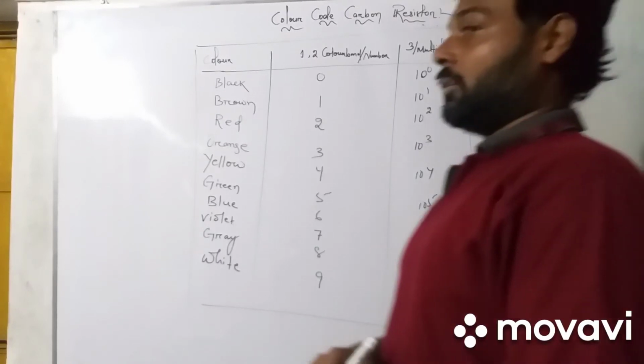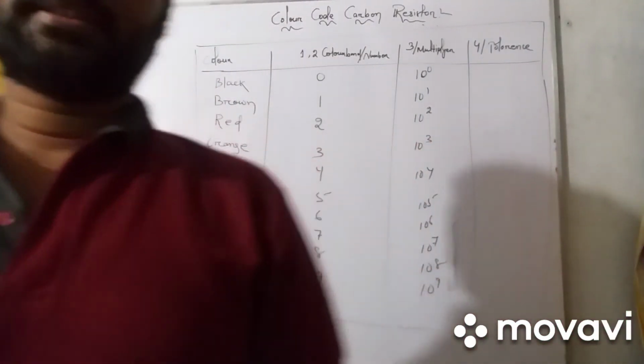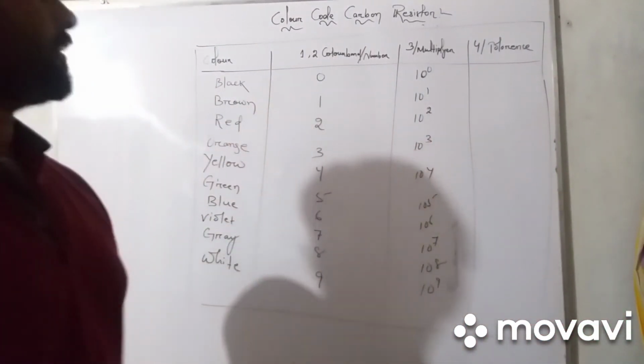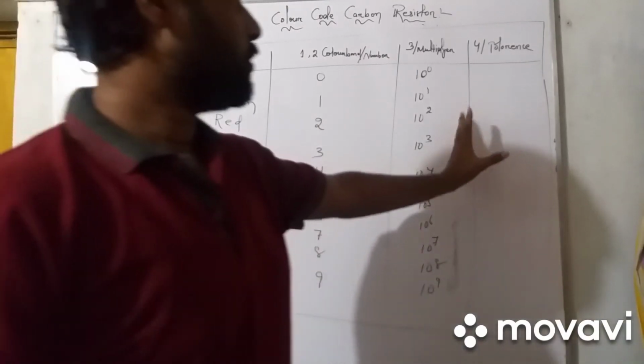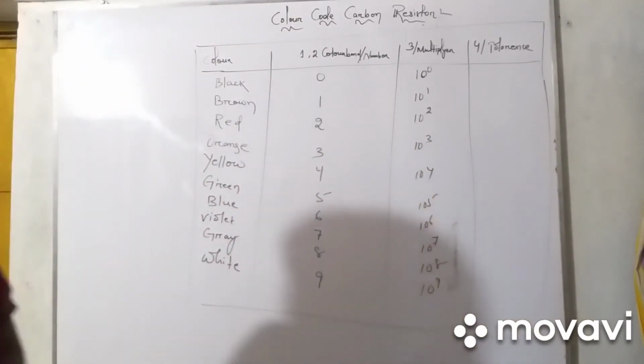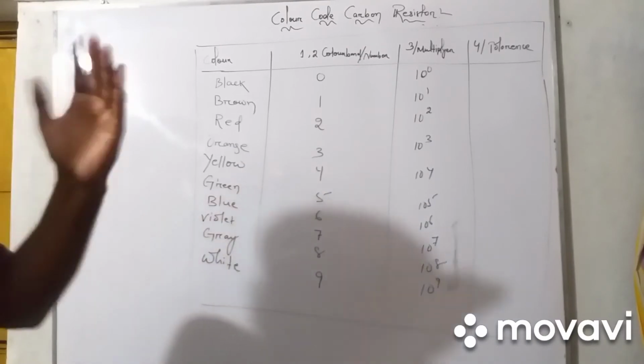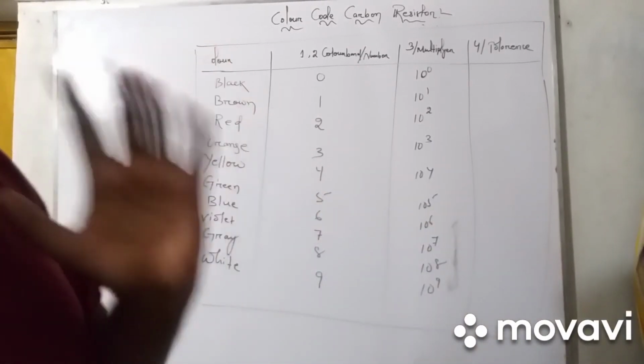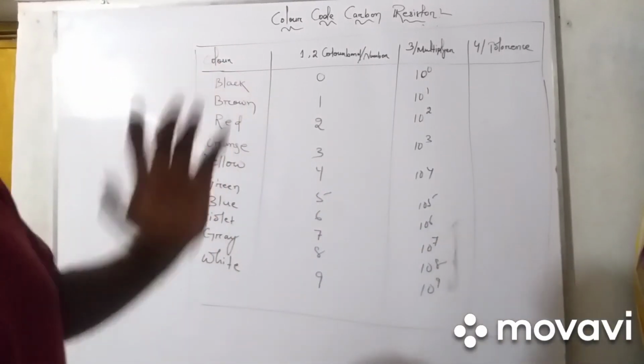Similarly, whenever we consider tolerance in all these cases, the tolerance is zero, which means there is no error in the resistance, that is a perfect value of resistance.